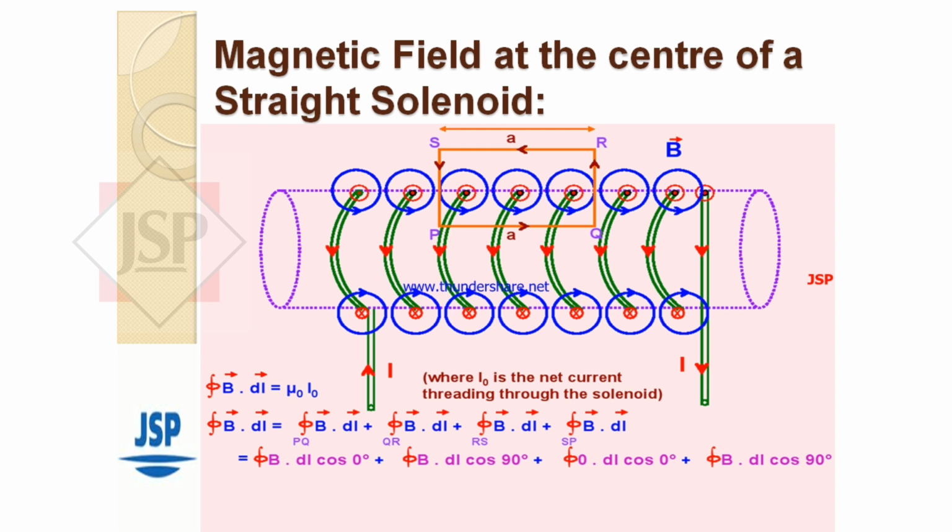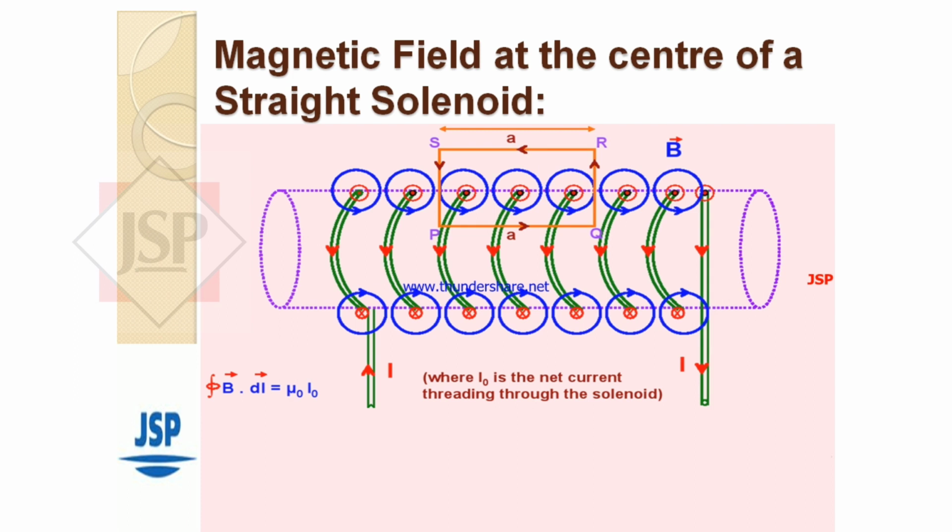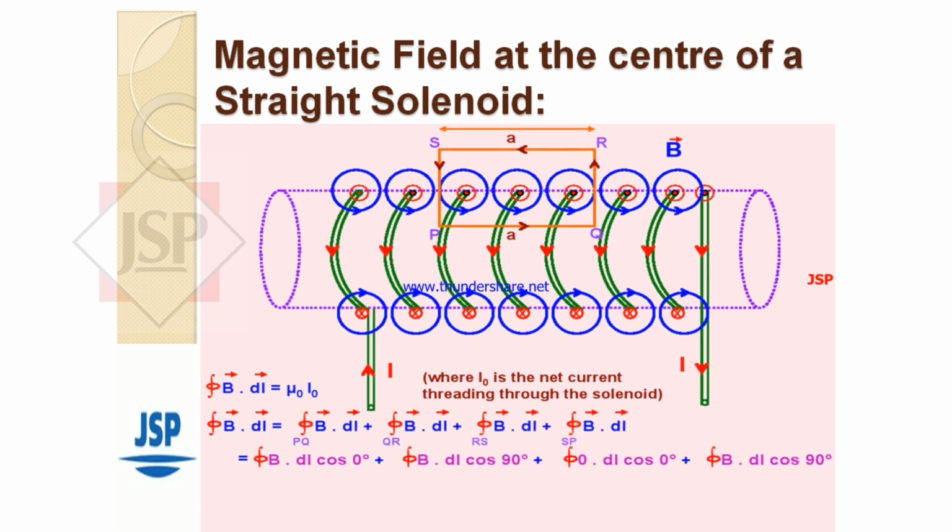So that equals ∫B dl cos 0° + ∫B dl cos 90° + ∫0·dl cos 0° + ∫B dl cos 90°.